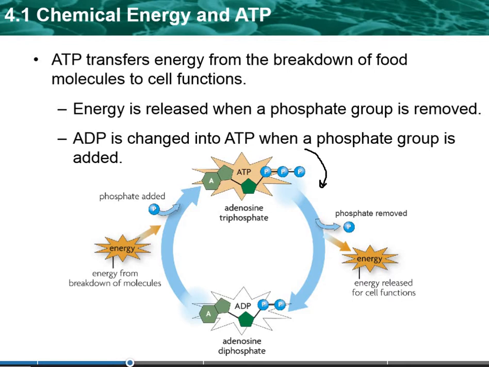Anytime you remove a phosphate, which is right here, it's going to release energy, and that's going to allow the cell function. And right here, it's going to take energy to be able to add a phosphate back to it. You could actually break another phosphate off of that and turn it into AMP, adenosine monophosphate.